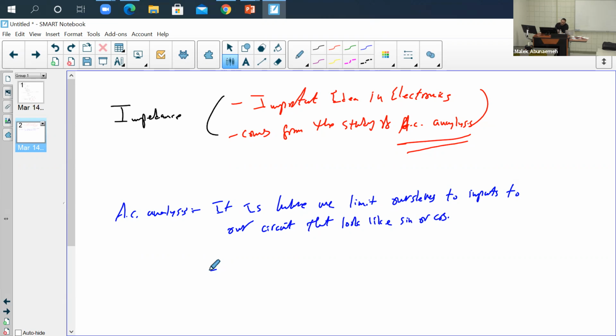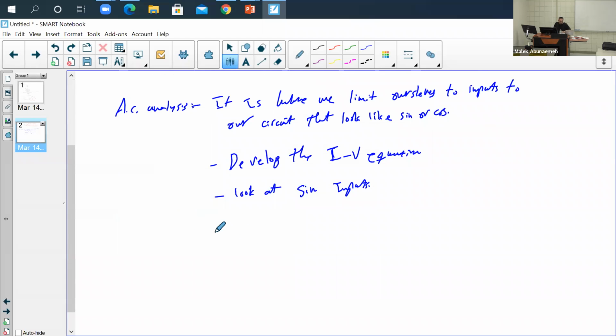Basically, because of it, we developed the IV equations. Now, we're going to look mainly at your sine inputs. Now the IV equation that we saw with Ohm's law.